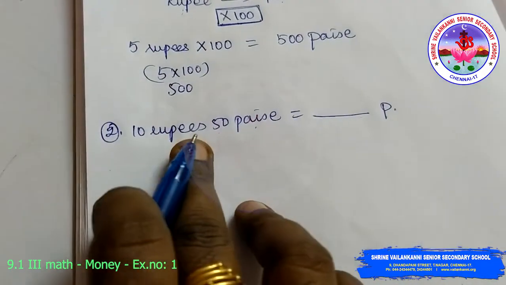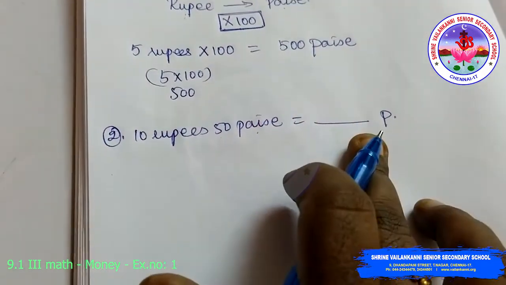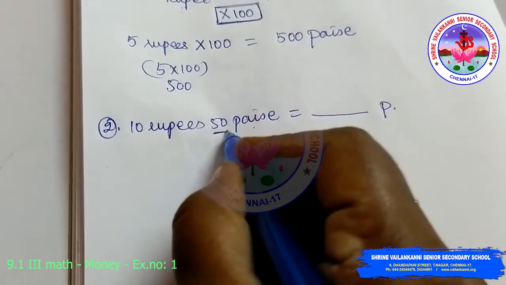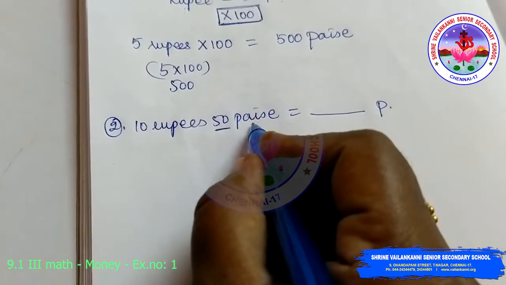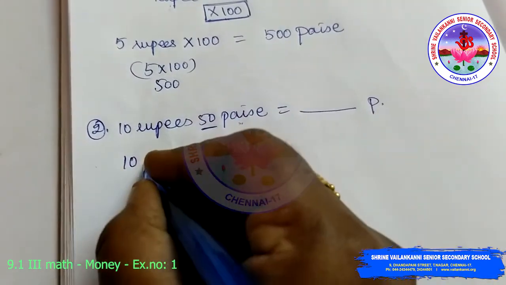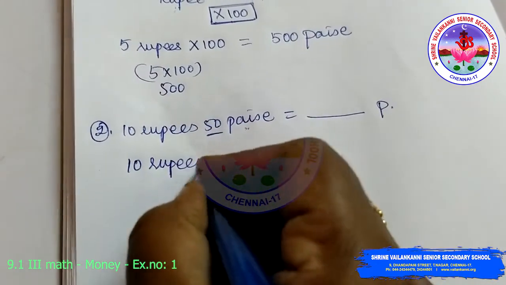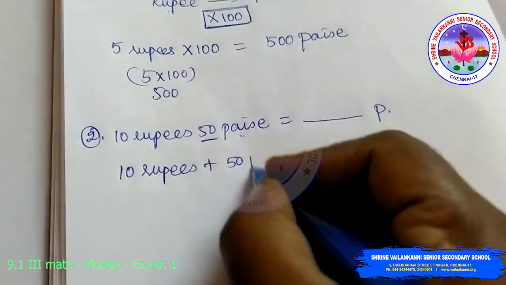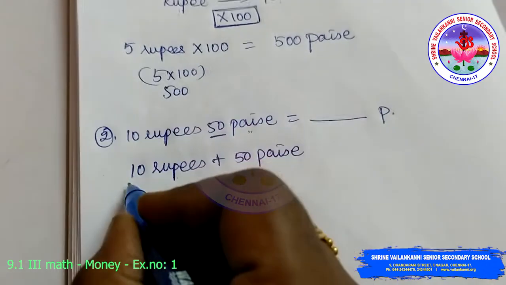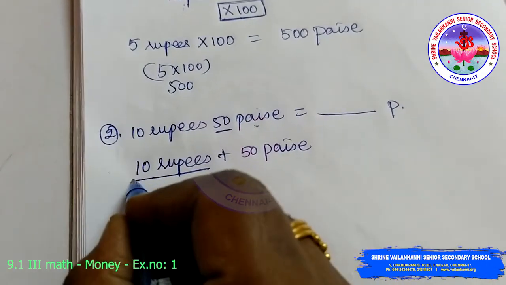So here 10 rupees 50 pies has to be converted to pies. We already have 50 pies, so I am not going to convert that. I am going to keep it as it is, and split it now as 10 rupees plus 50 pies. I am going to convert only the rupees.